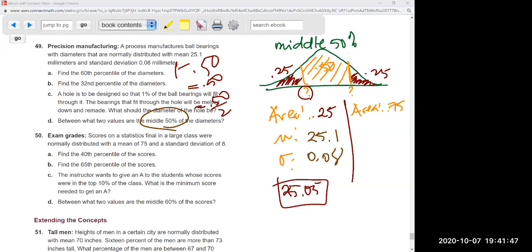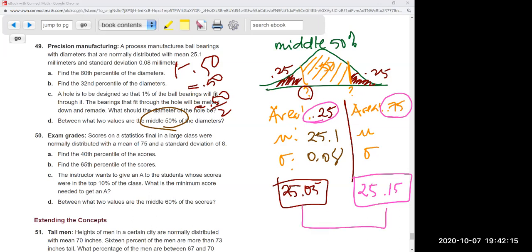With the same mean and standard deviation, you should get 25.15. So you have to do it twice. You change the area to 0.25, and the other one 0.75. If you have a tail, you just enter 0.5 center and you will get these answers. If you don't have a tail, you have to do this.